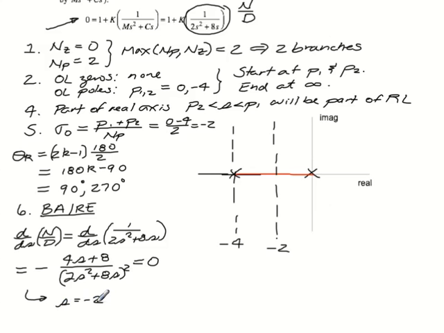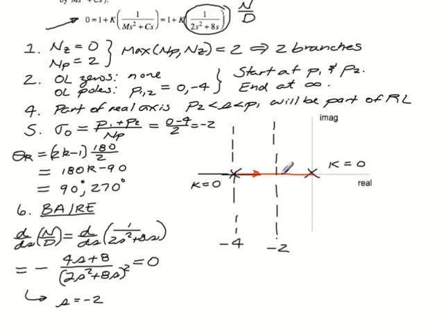So if we combine together 5 and 6, what we see is that our breakaway points truly occur at minus 2, and the asymptotes pass through minus 2, so that dashed line there represents our root locus once it breaks away. So as I put this all together, this here represents when k is 0, as well as the minus 4 case.